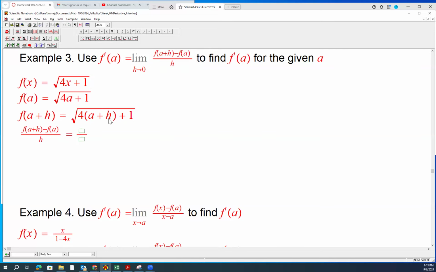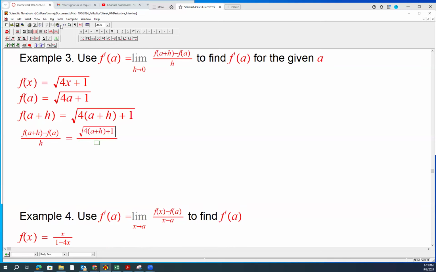So what I'm going to have is f of a plus h right here, minus f of a, which is right here, divided by h. Do you need to do anything inside? Not really. You can just leave it like that.